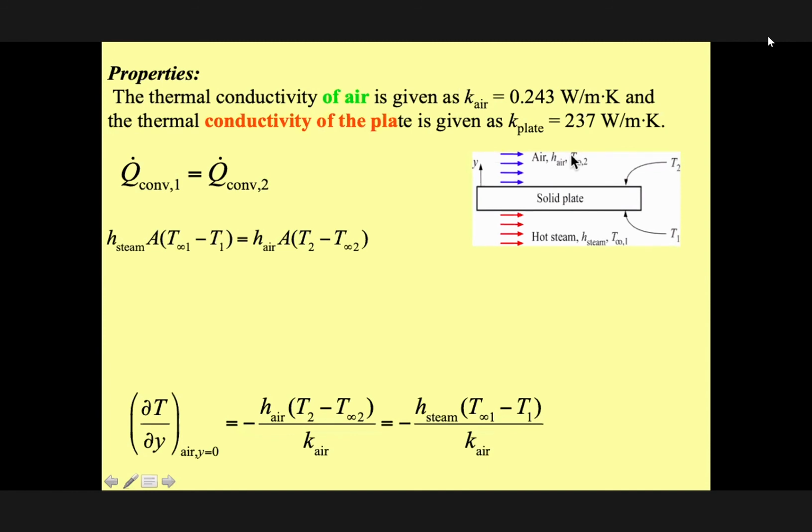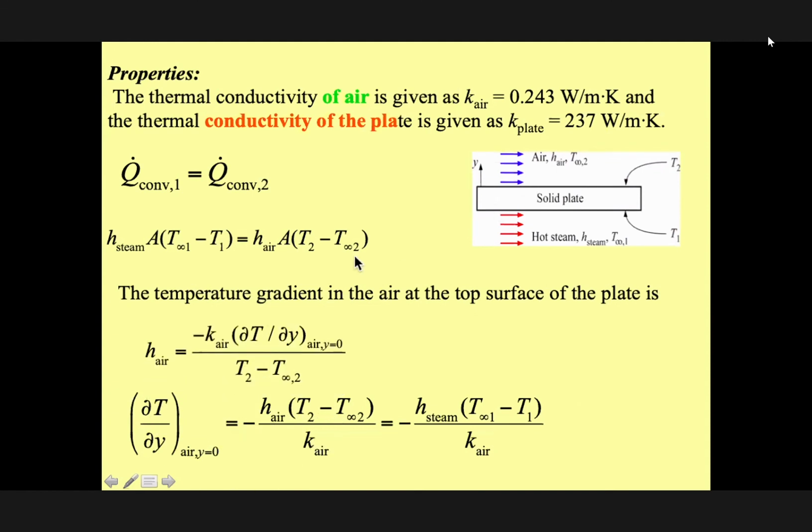This infinity is after the thickness, okay? This is equal to the convection in the boundary layer, which is K dT over dy at y equals 0. And then by putting together, I end up with this expression here. As the temperature profile is what I'm interested in finding out, this value right here is equal to this value. Therefore, I can easily replace it by this one.